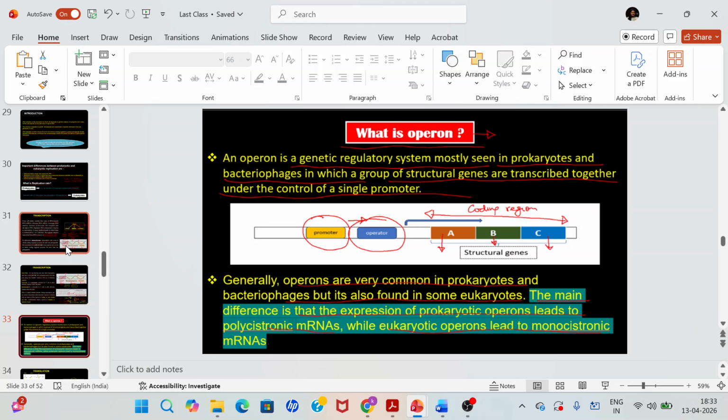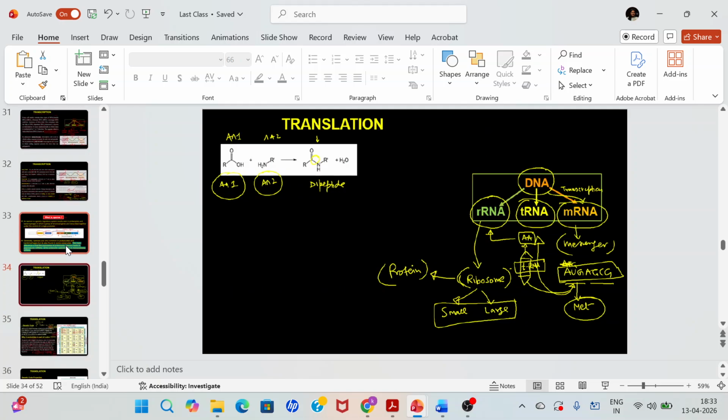Operons are very common in prokaryotes and bacteriophages, but are also found in some eukaryotes. The main difference is that the expression of prokaryotic operons leads to polycistronic mRNA, while eukaryotic operons lead to monocistronic mRNA, similar to eukaryotic cells. Okay? So this is what an operon is.